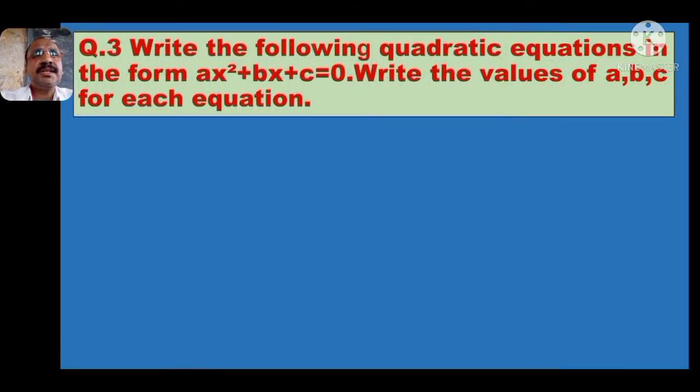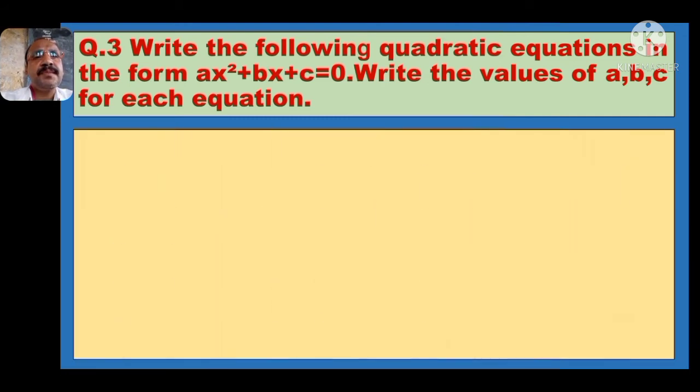Now, question number 3rd. Write the following quadratic equations in the form ax square plus bx plus c is equal to 0 and write the values of a, b, c for each equation. Now here we have given first equation 2y is equal to 10 minus y square. Now we rearrange this equation in the form of ax square plus bx plus c is equal to 0.